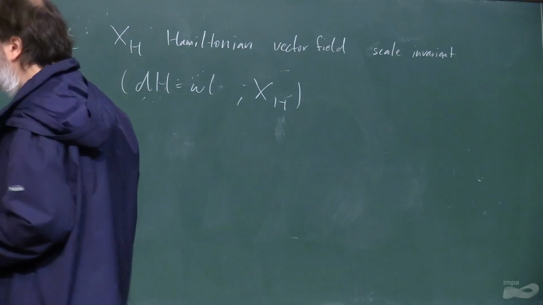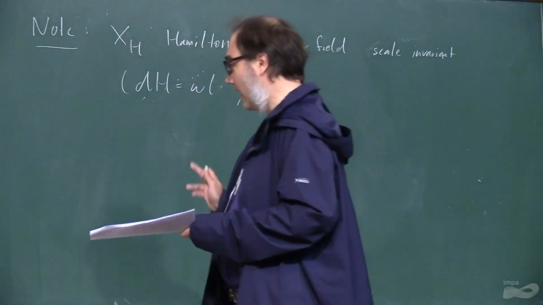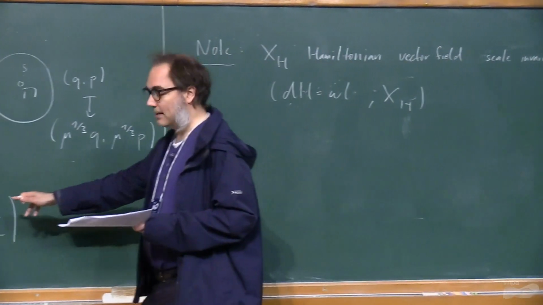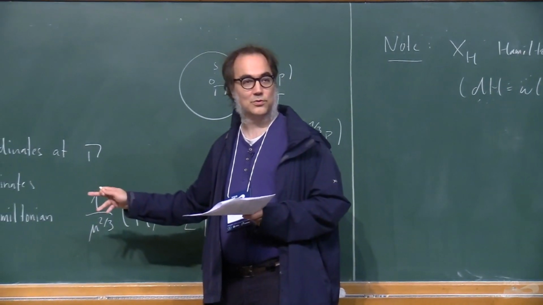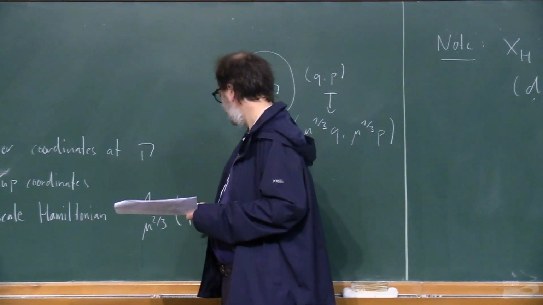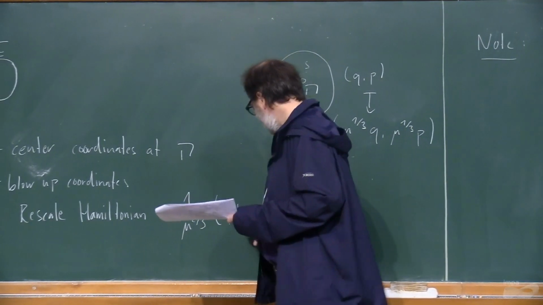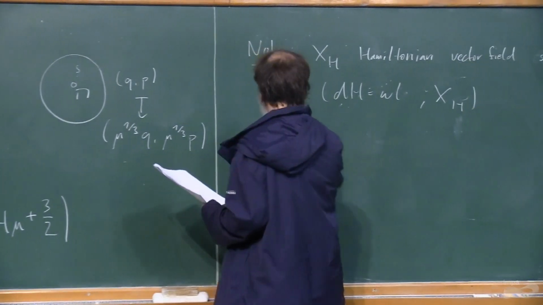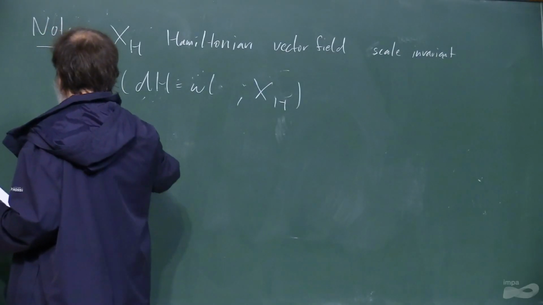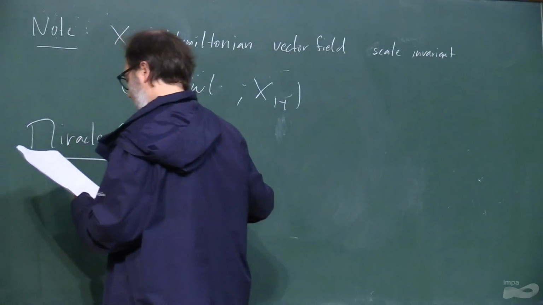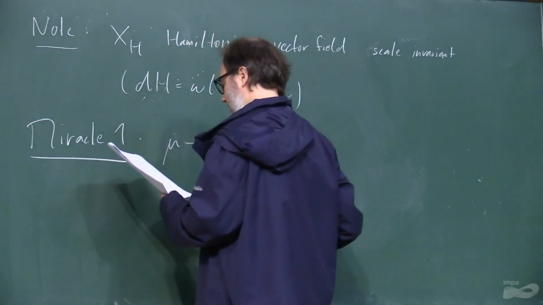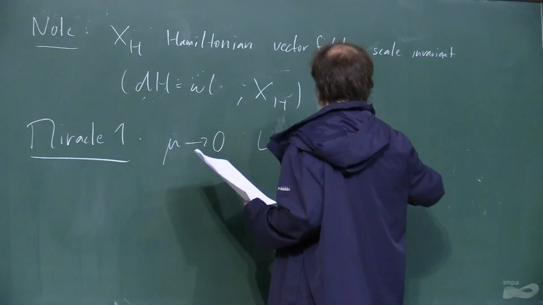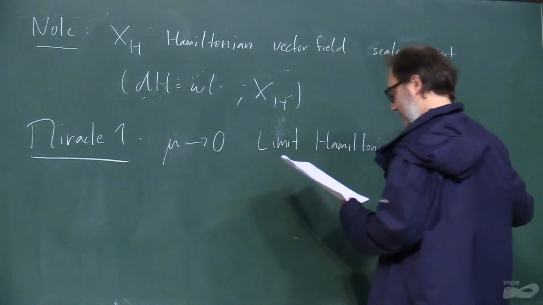Now the first miracle which happens when we do this is that we can take the limit mu goes to 0. This will give us a limit Hamiltonian. So miracle 1: as mu goes to 0, the limit Hamiltonian exists.